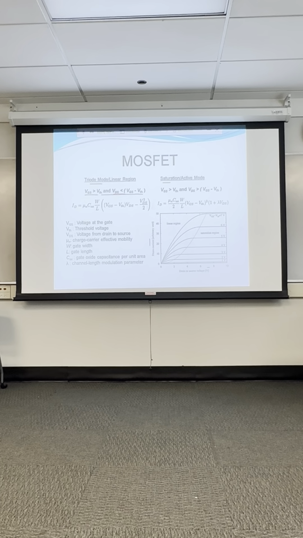If this is true for this MOSFET, we can draw this line on the curve here, and usually manufacturers will do that. So anywhere on this side of that line, the MOSFET is in linear region or triode mode.